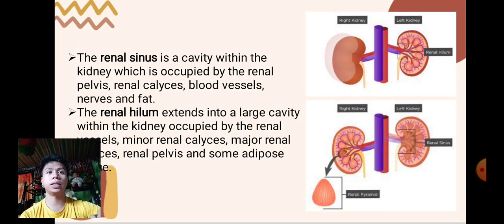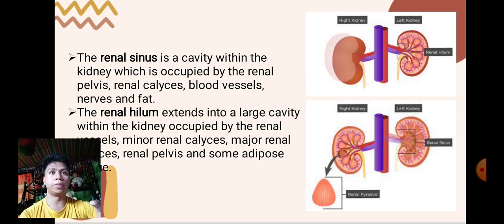And we have here the renal sinus and the renal hilum. The medial surface is concave. Just look at the picture. It is concave and has a vertical cleft called the renal hilum. That leads into an internal space within the kidney called the renal sinus.